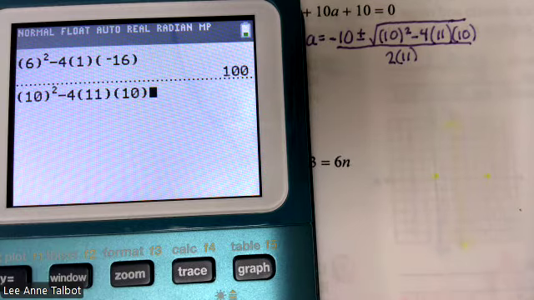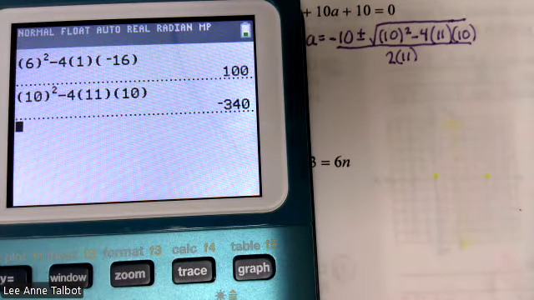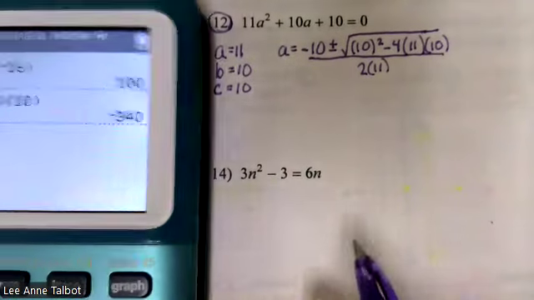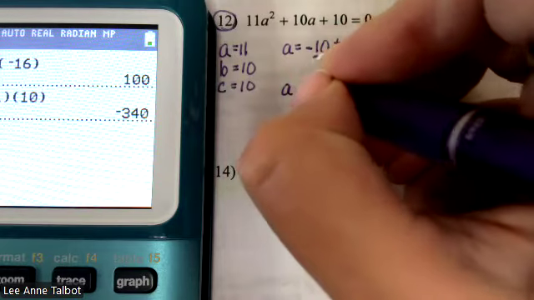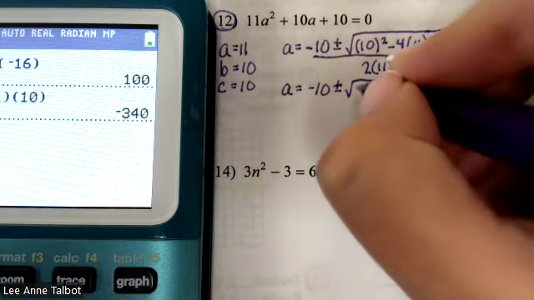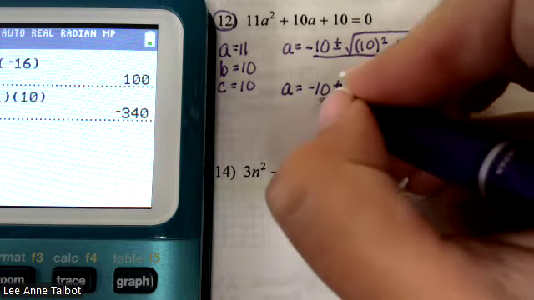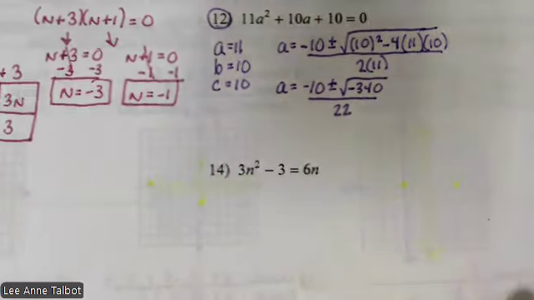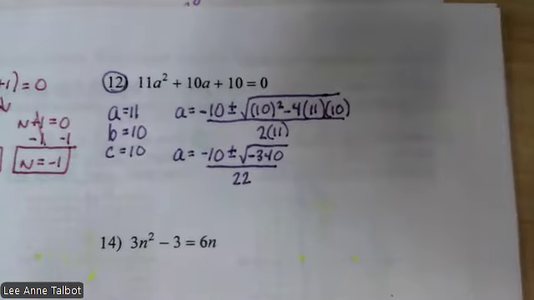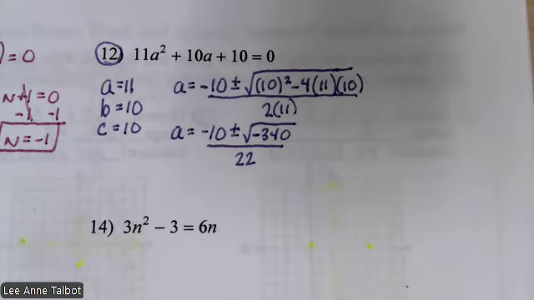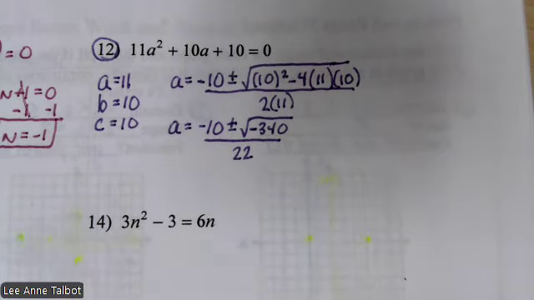Yeah, it's not only negative. Yeah, and it's big. That's why I said this is the worst case scenario. Okay, so we're going to say A equals negative 10 plus or minus square root negative 340 over 22. Okay, pausing there. Everybody okay so far?